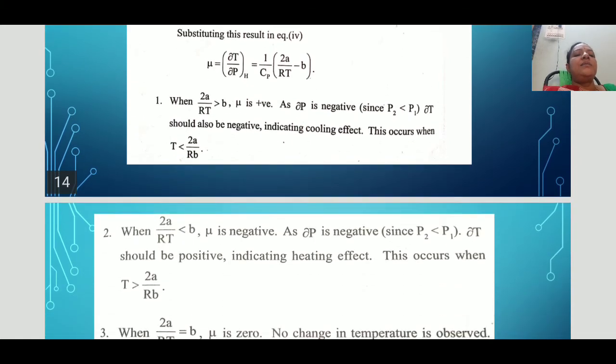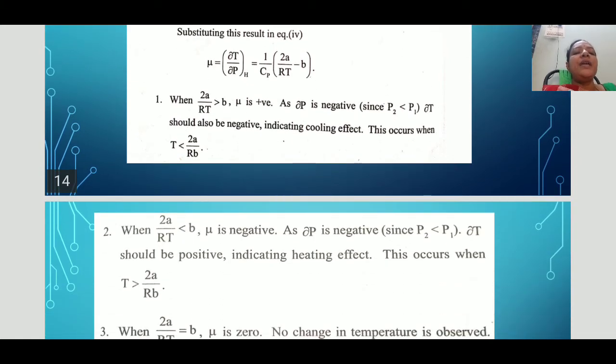That is the meaning. Similarly, when 2a/RT is less than b, what happens? μ will be negative. When μ is negative, dP is automatically negative. Then what happens to the change in temperature? dT will be positive, that is, the change in temperature will be positive, which means the gas heats up.